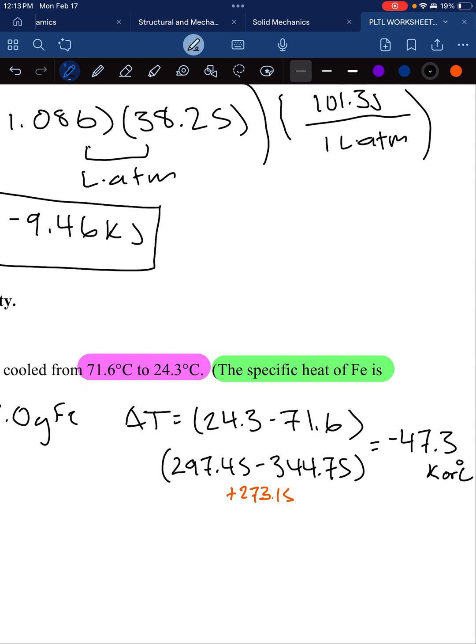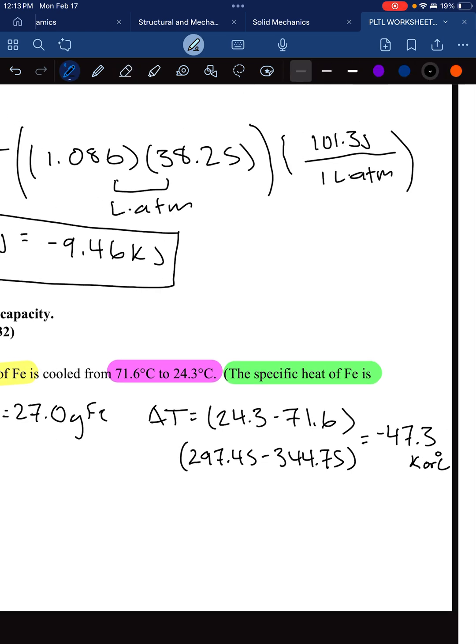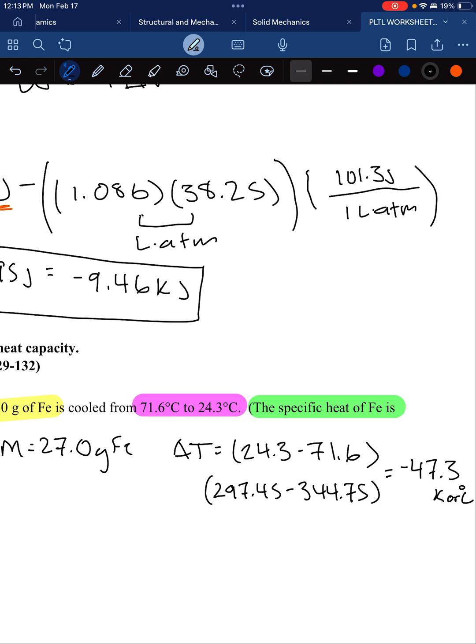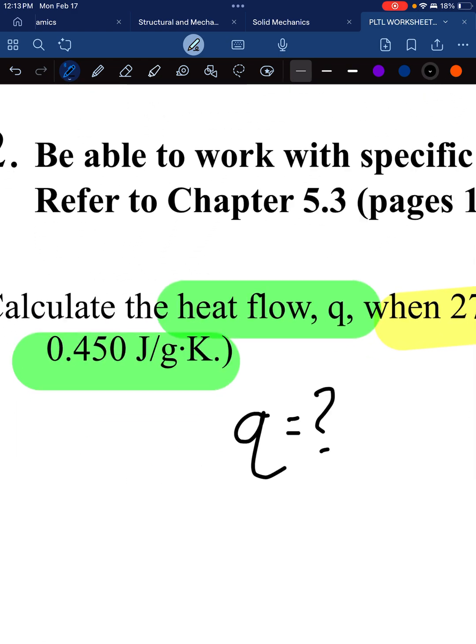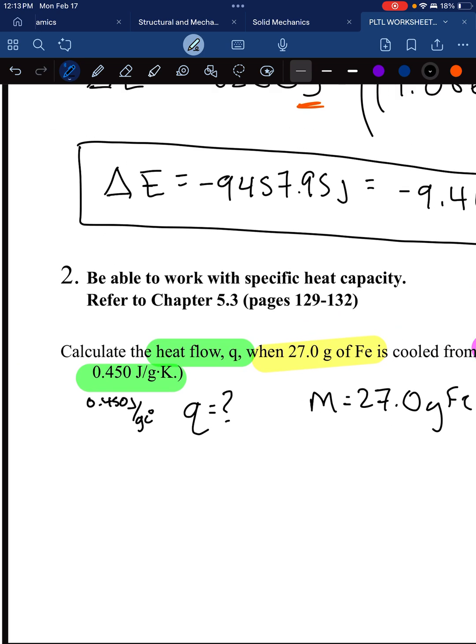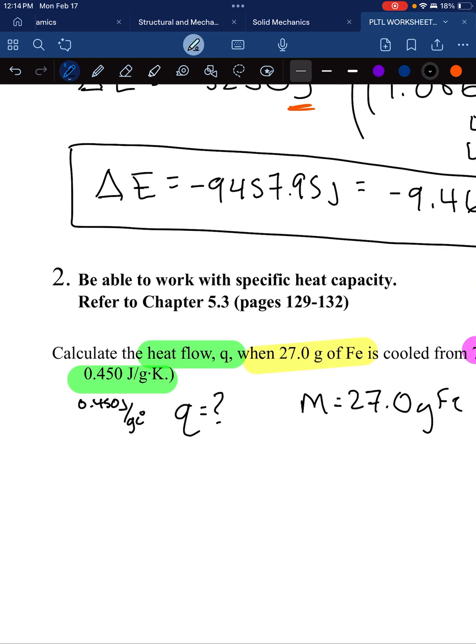When you subtract, it just gets canceled out in the end. So because it's a difference, it doesn't actually matter what the units are for delta T. And because of that, you can change this here, per gram Kelvin, to per gram Celsius, and the number will not change at all. It doesn't matter either way.